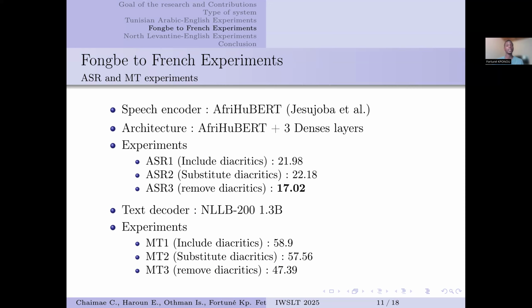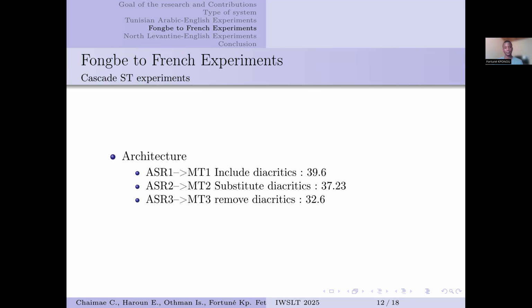17.02. For the machine translation experiment, we again realized three experiments: by removing the diacritics, by considering the diacritics, or by making the substitution of the diacritics in Fongbé to French. Our best result is with the MT1 when we consider the diacritics, which is 58.9.